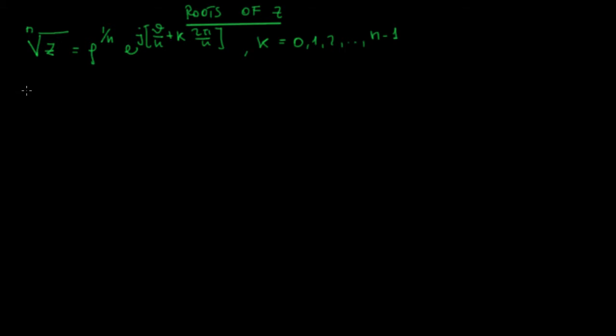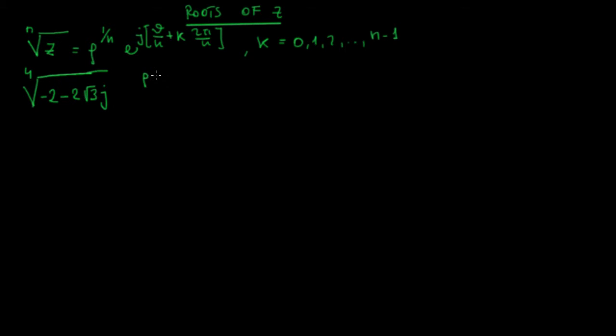For example, let us consider the fourth root of minus 2 square root of 3 j. Okay, so we know that the first step here is to transform this complex number into its exponential form.